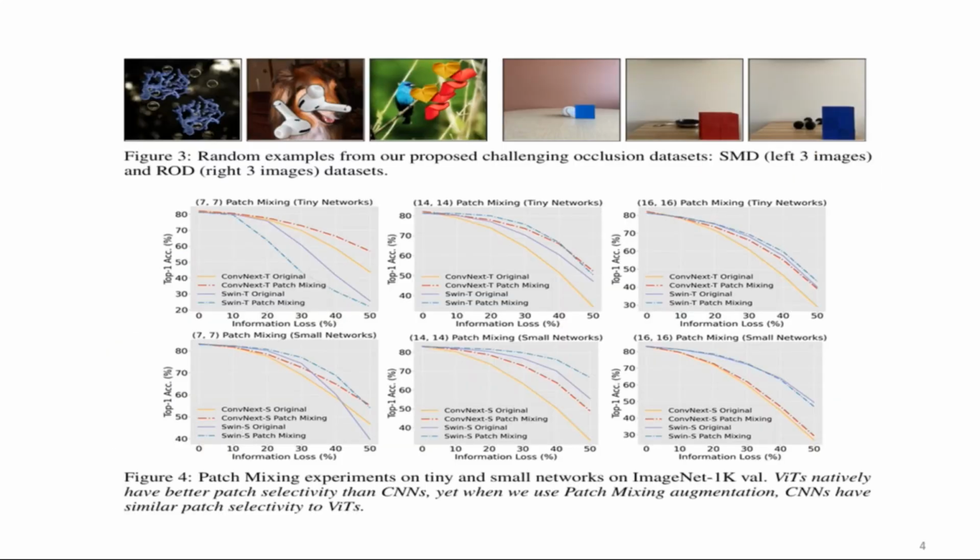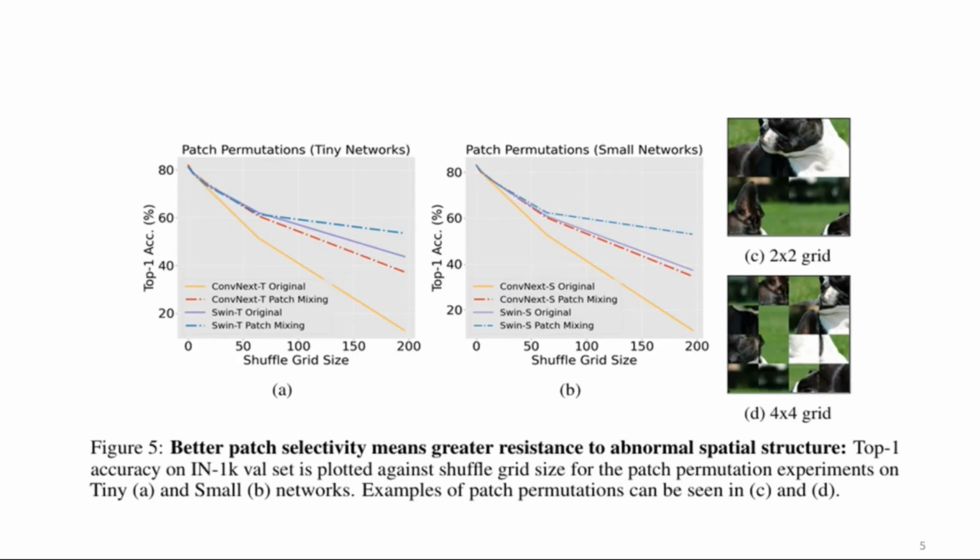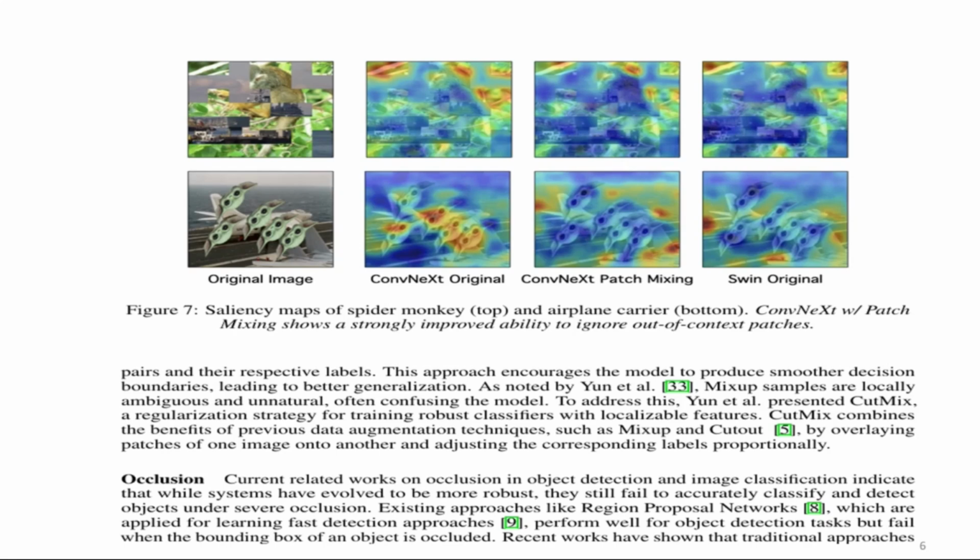This data augmentation method forces the CNN to learn to focus on the in-context patches, simulating the patch selectivity behavior of ViTs. Dear friends, by hardwiring this inductive bias into CNNs, they hope to enhance CNNs' ability to handle occlusion and improve generalization. The study's results show that patch mixing is an effective strategy to enhance CNNs' performance and bring them closer to ViTs' patch-level selective processing.